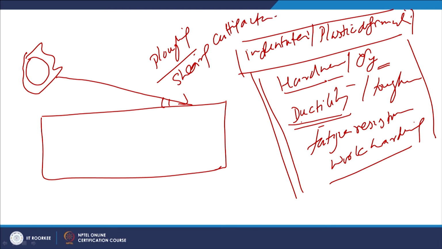So, low angle impingement causes ploughing and removal of the material by cutting action through shearing.